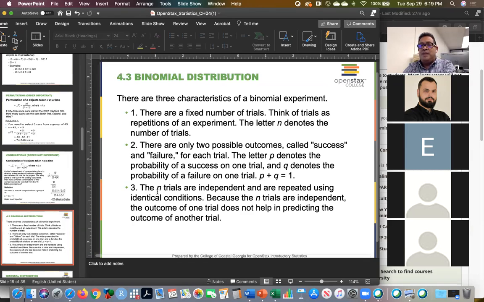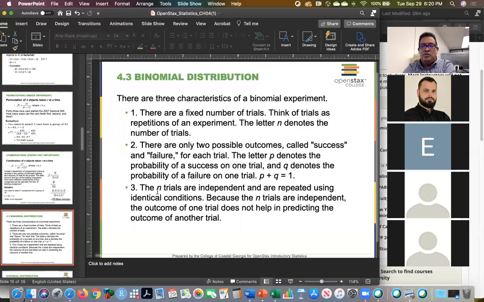In the binomial experiment, you have only 2 choices: the probability of success that we are going to call P, and the probability of failure that we usually call Q. In most of the literature it's always P, and Q is 1 minus P. So it's exactly the same. In many books, instead of seeing, for example, P times Q, you're going to see P times 1 minus P.